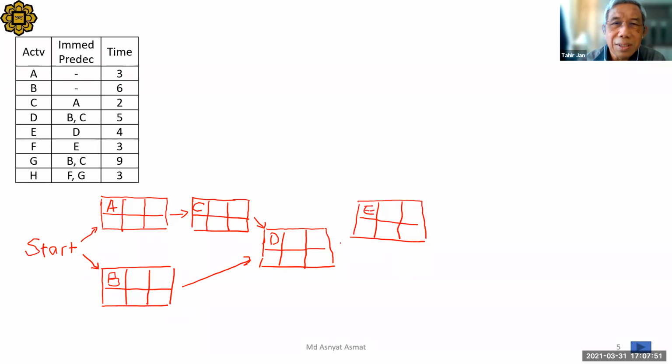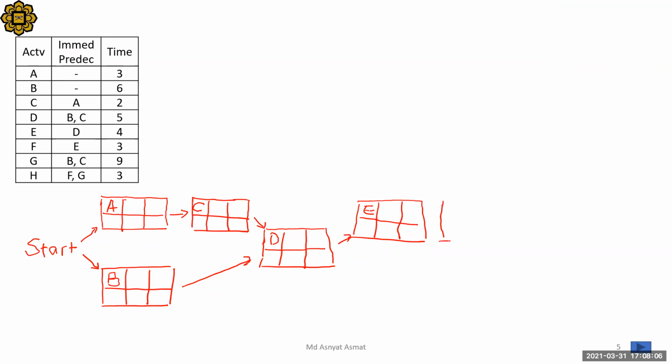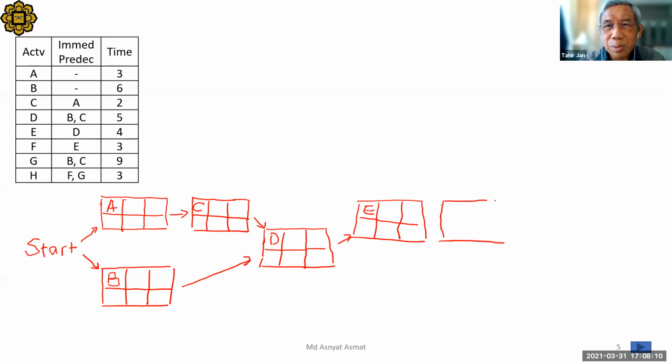Yes, E is after D. Then F. F is after E. I do it very close here, like running out of space in front. Okay. So this is F.